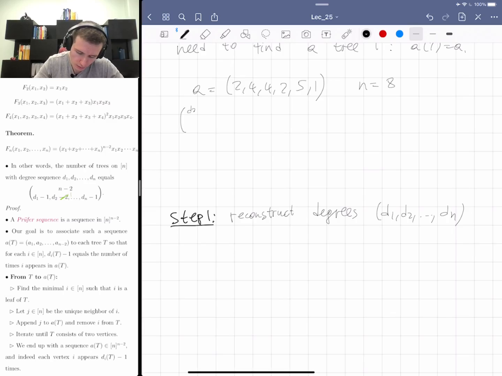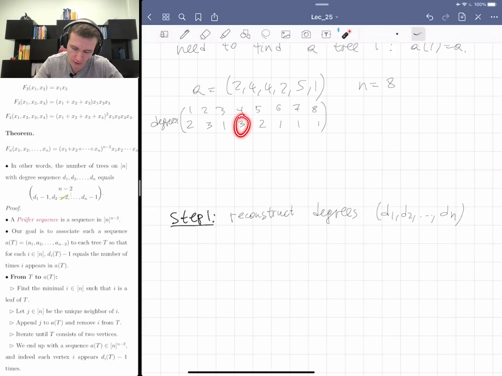Let me just denote the degrees: 1, 2, 3, 4, 5, 6, 7, 8. The degree is the number of appearances in the sequence plus 1. So 2, and then 3, and then 1, 3, 2, 1, 1, 1. I put a 3 here because 4 appears 2 times, plus 1, I get 3.